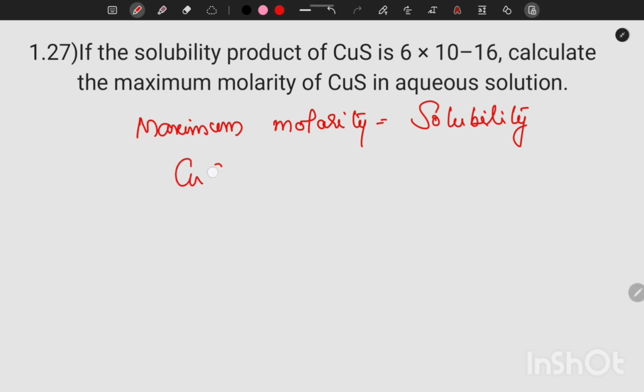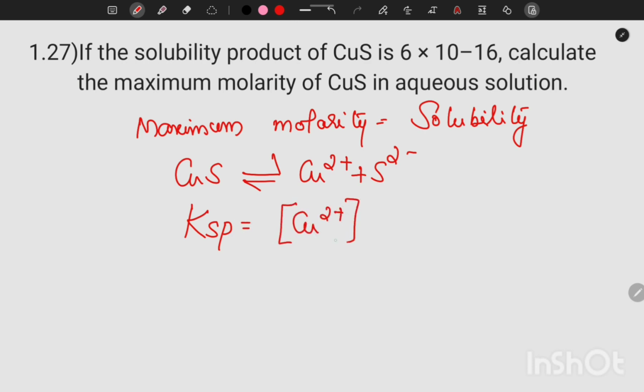So copper sulfide we can ionize into Cu2 plus and S2 minus. So solubility product is equal to the product of Cu2 plus and S2 minus. Let S be the solubility of Cu2 plus, then the solubility of S2 minus is also S itself, because they are in the ratio 1:1.